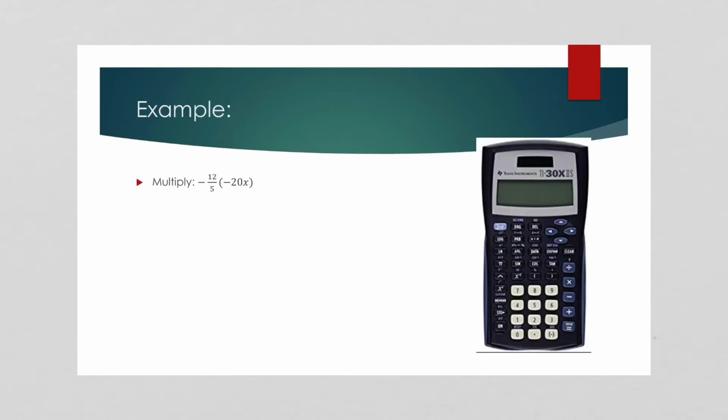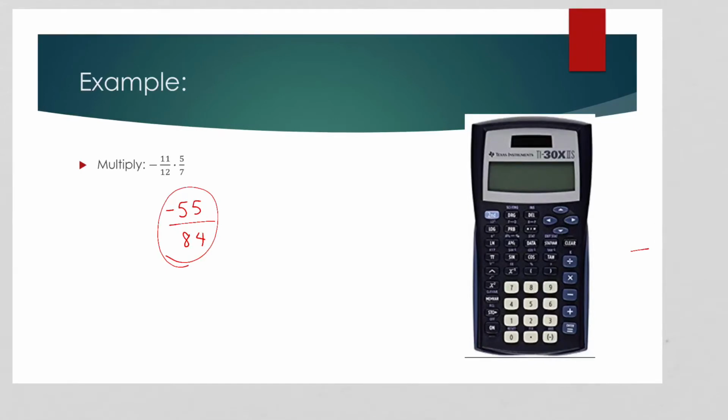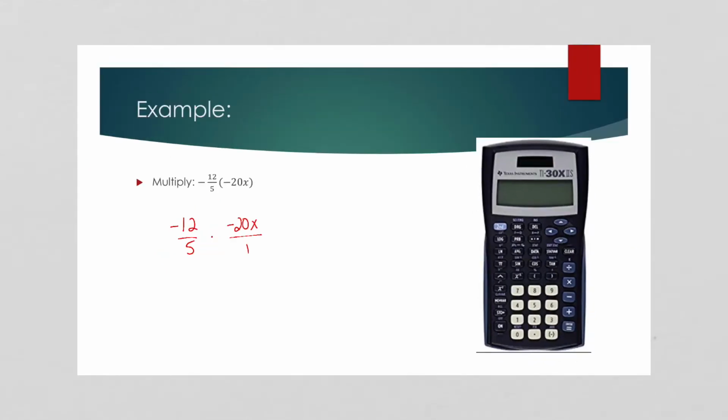But if you're doing this by hand, this is the same thing, negative 12 over 5 times negative 20x over 1. And remember, you can reduce before you multiply. So in this case, I would reduce diagonally. This 5 goes in there one time, and 5 will go into 20 4 times.